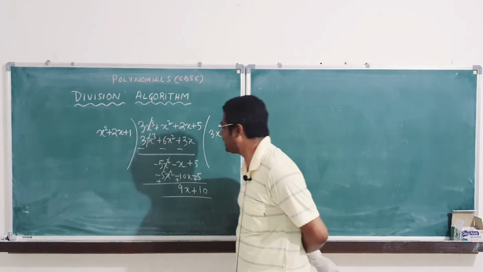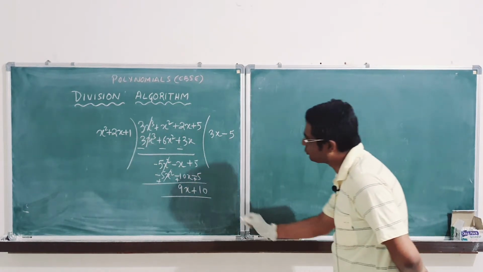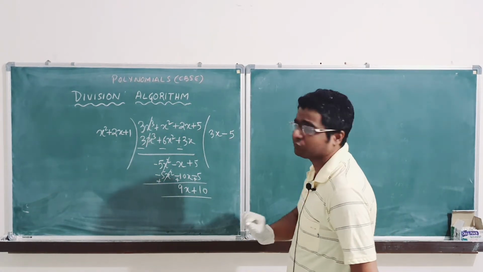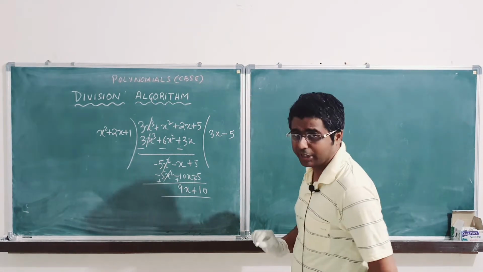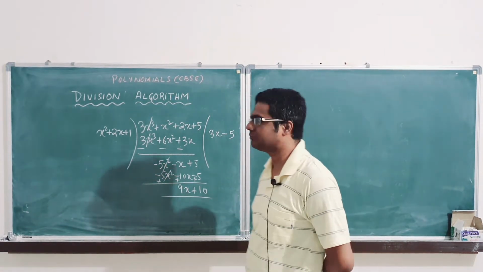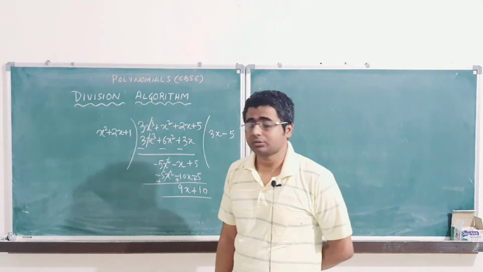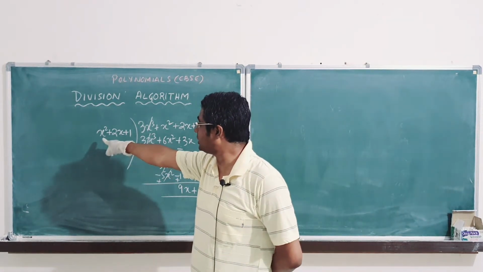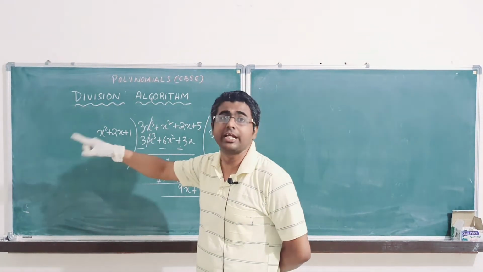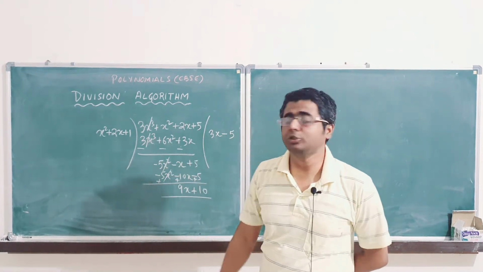Now the question is, after this we cannot divide, okay? After this we cannot divide, definitely we cannot. Why can we not divide after this? Because even if you multiply 1 with this, you will get a polynomial of degree 2. So you cannot divide.